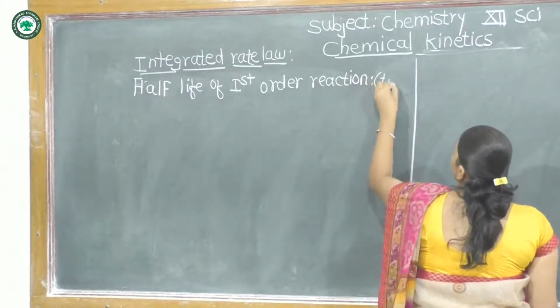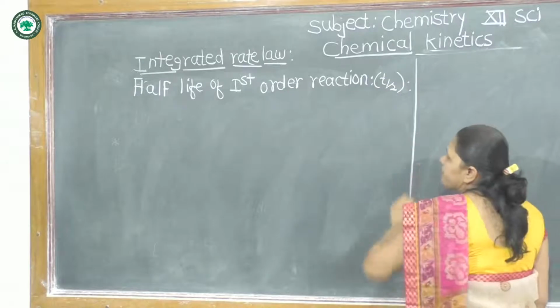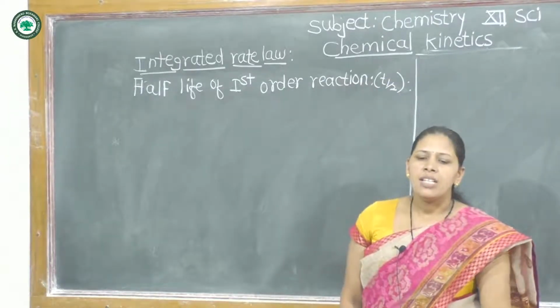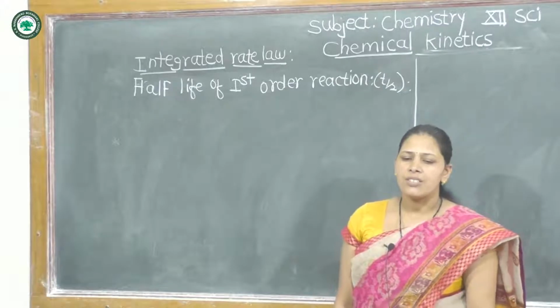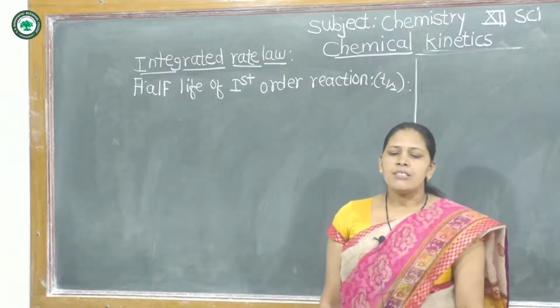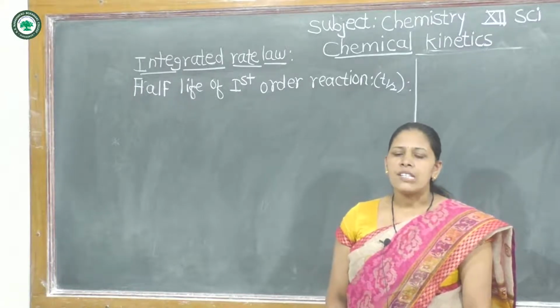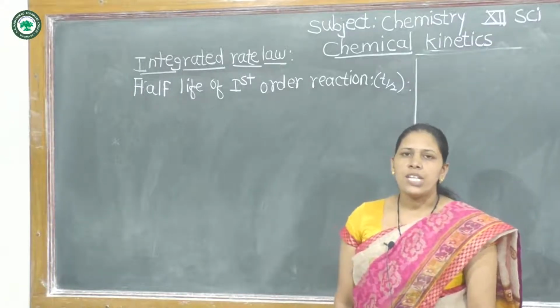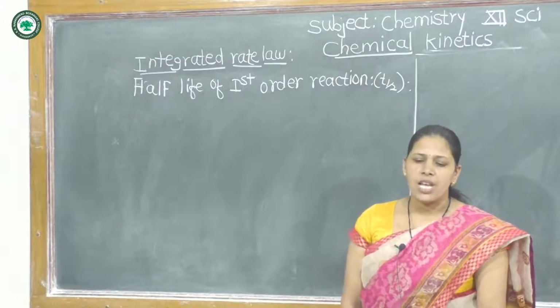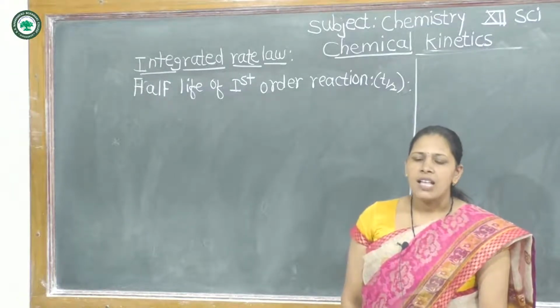Half-life is denoted by t half. First of all, what is meant by half-life of a reaction? It is the time required for the reactant concentration to decrease to 1/2 of its initial value. It is called the half-life of the reaction.